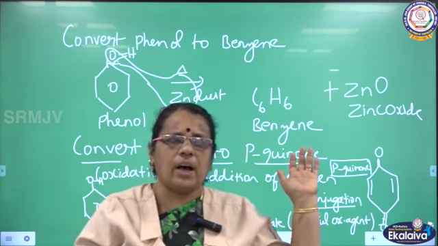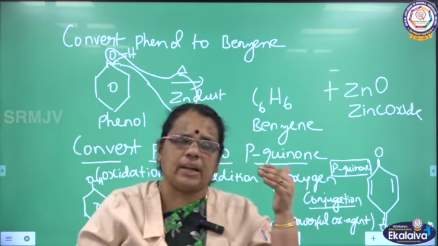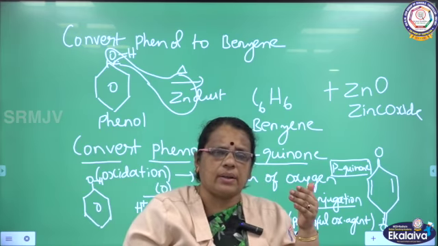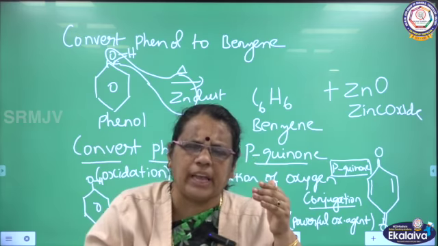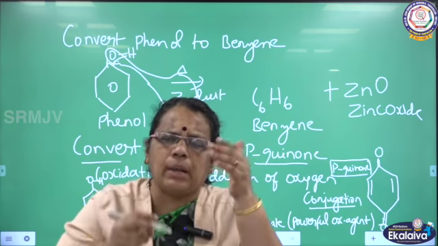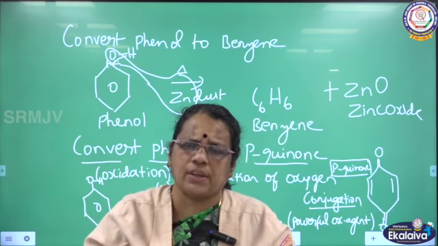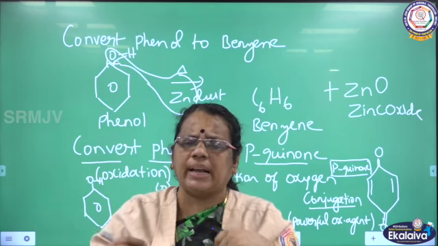So phenol undergoes oxidation with acidified sodium dichromate, a powerful oxidizing agent. We are substituting oxygen at the para positions. Introduce double bonds at the 1,4 positions. So in the first carbon you will have one double bond, the fourth carbon again a double bond.